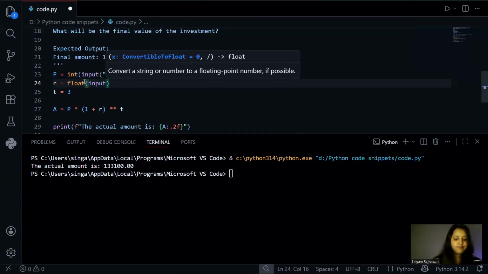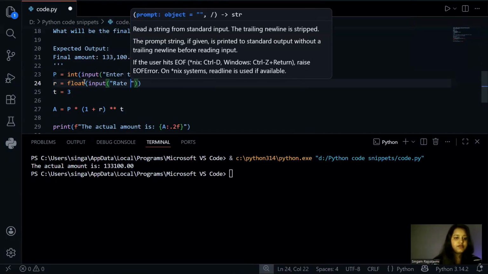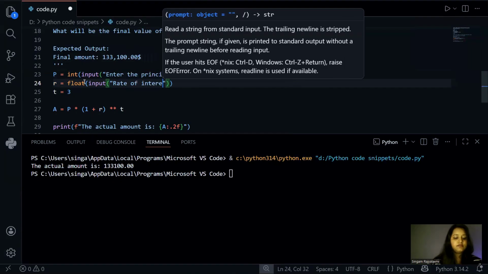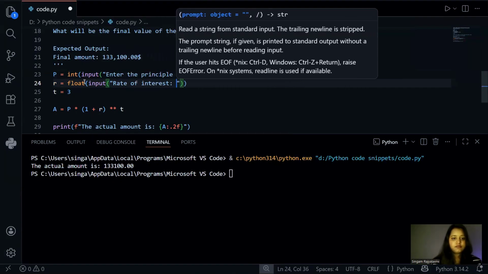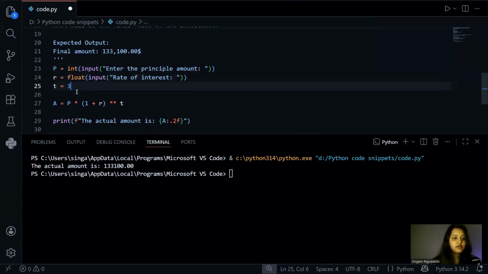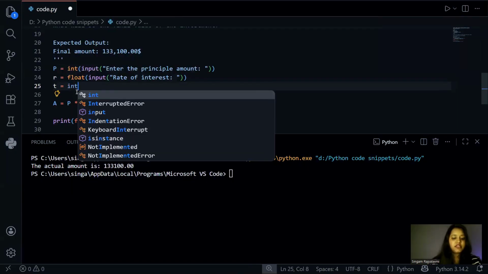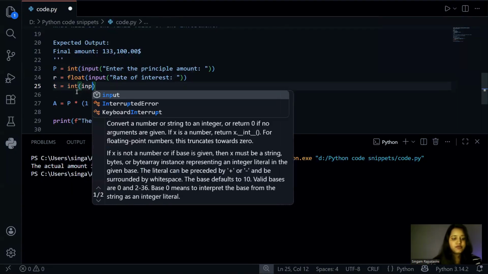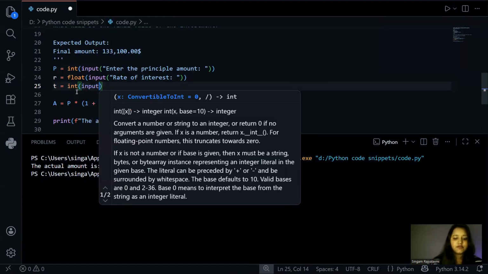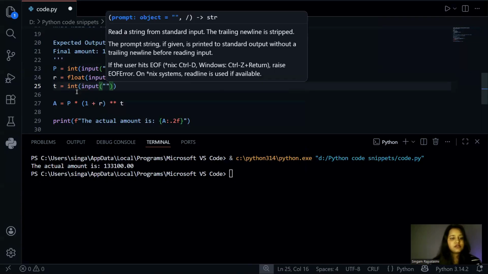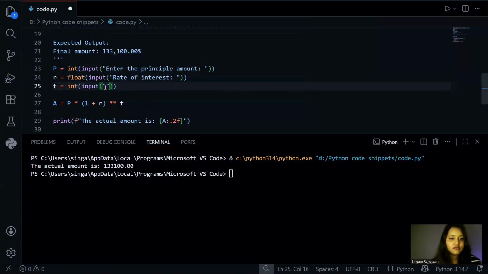Input rate of interest. Okay, and time will be an integer. So input. Sometimes it will be float as well, like 3.5 years or 3.6, something. Maybe it depends upon the situations and the problem that we are looking at. And enter the time.